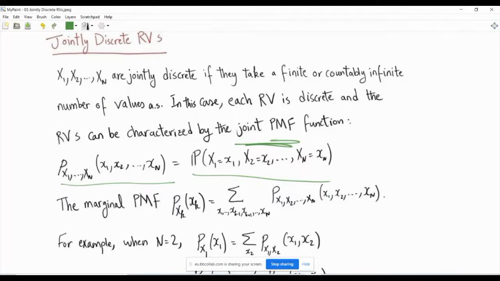Now, what if you want to obtain the PMF of one of those random variables, given that you know the joint PMF? Remember, if you know the joint CDF, you go to the other random variables and their parameters, and you take the limit of those parameters going to plus infinity. Now, if you have a joint PMF and you are interested in the marginal, then what you do is sum over the other random variables.